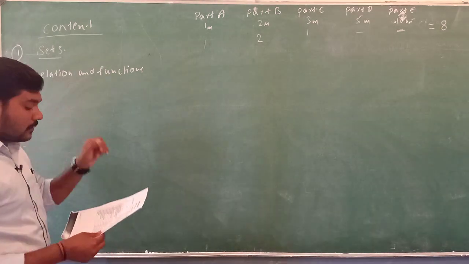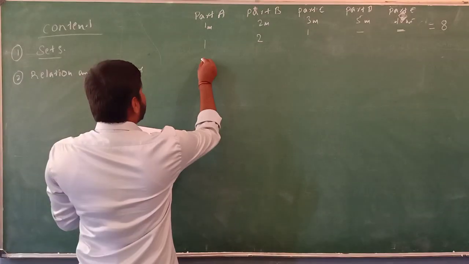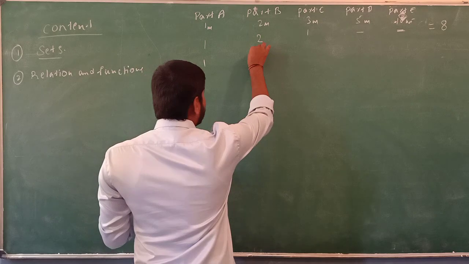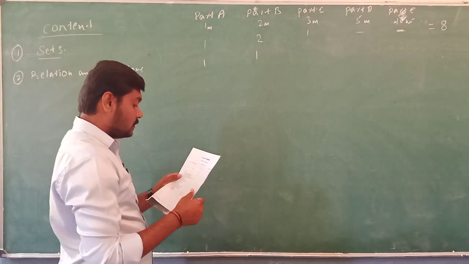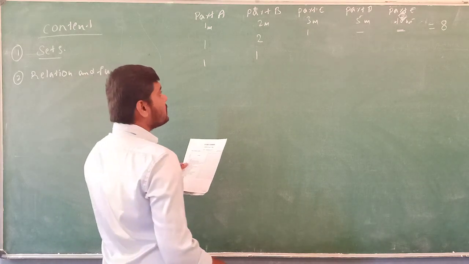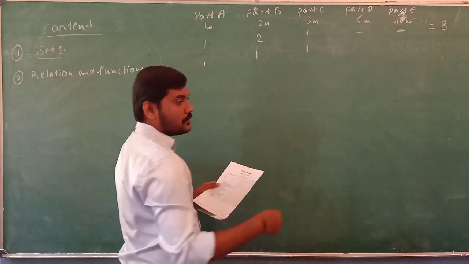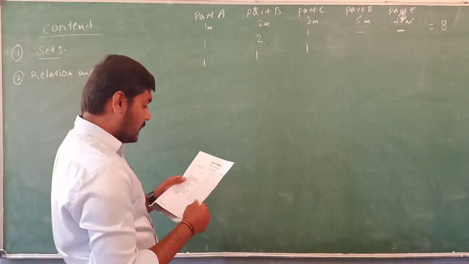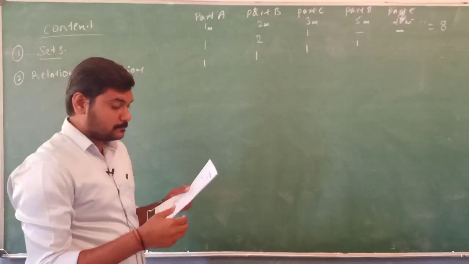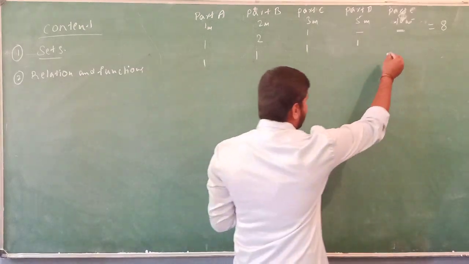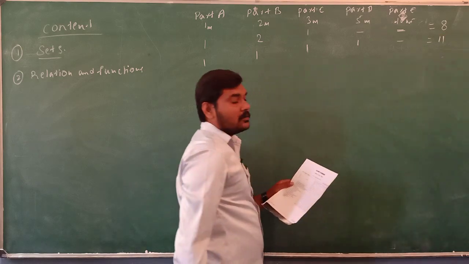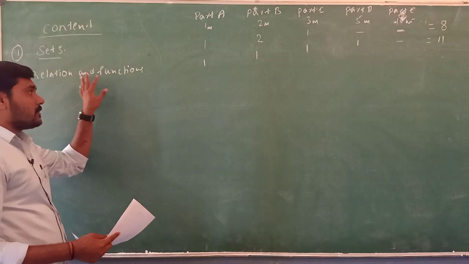In this chapter we have 1 question for 1 mark, 1 question allotted for 2 marks, 1 question allotted for 3 marks, and 1 question for 5 marks also. There will be no question allotted for 10 marks here. So the total marks allotted for the chapter relation and function is going to be 11.